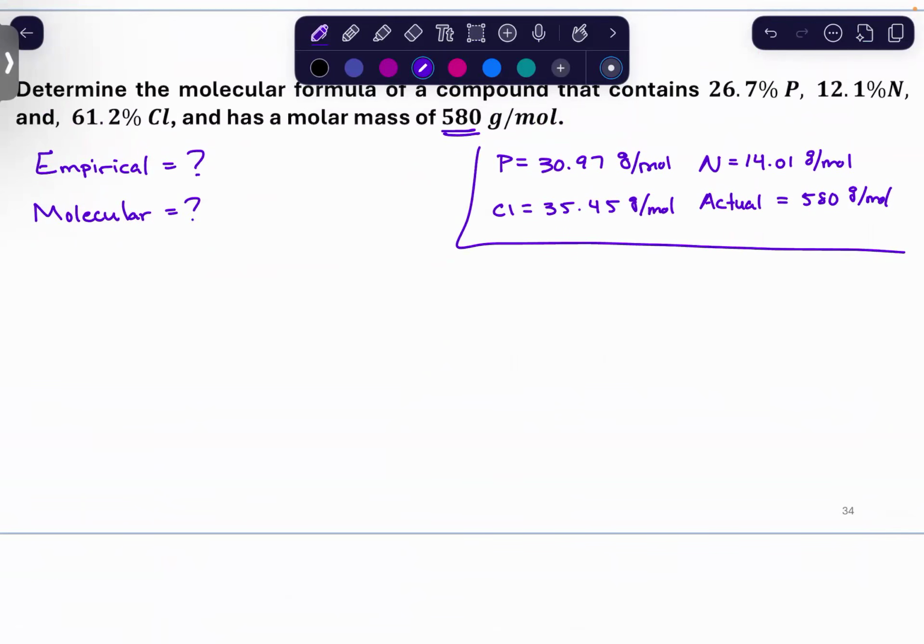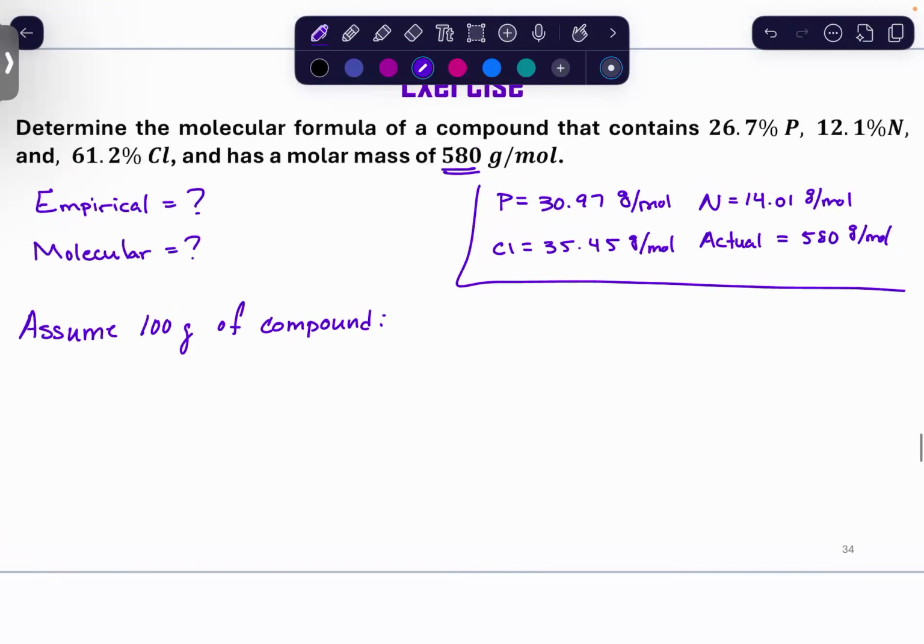Okay, now here's the key to solving this, to getting from percent compositions to empirical formula. You're going to assume 100 grams of your compound. So what that means is, your compound is made of phosphorus, nitrogen, and chlorine, so all the percentages have to add up to 100%.